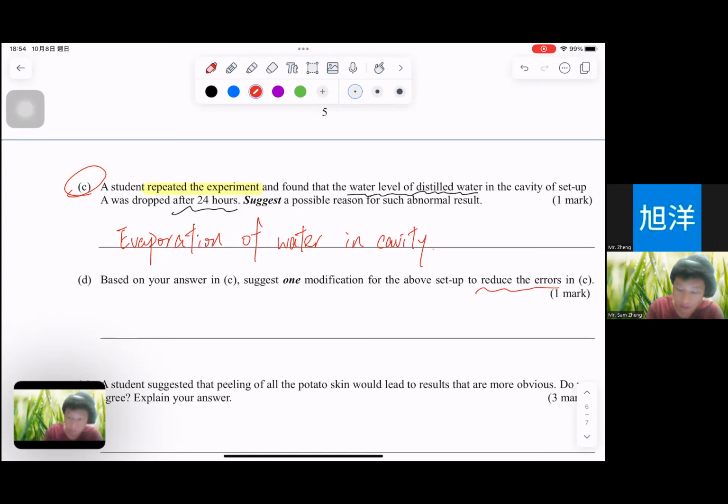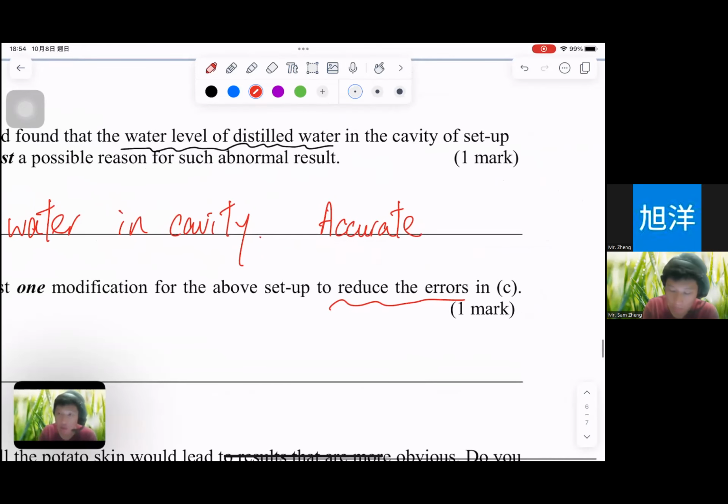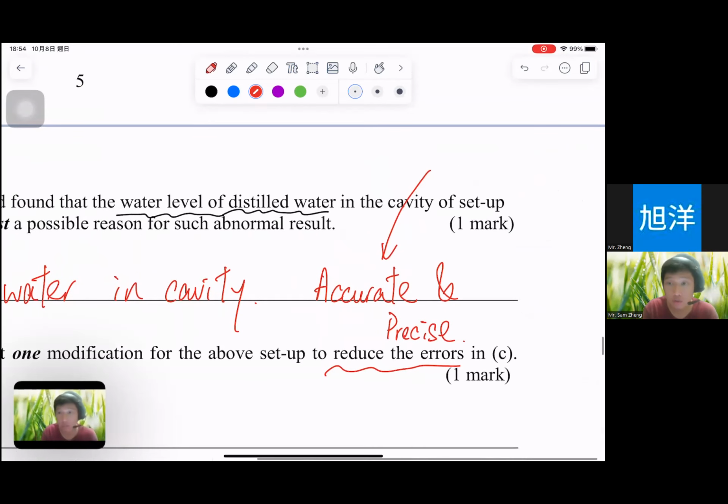If you still remember, when we want to obtain a better result, there are two concepts that you need to learn, which are accuracy and precision. These two are related to the result, because if we would like to have an accurate result, it means that we need to be close to the actual value.